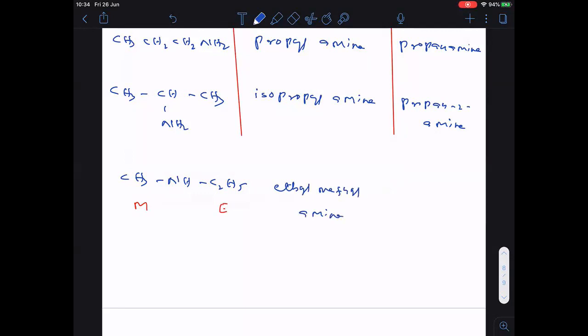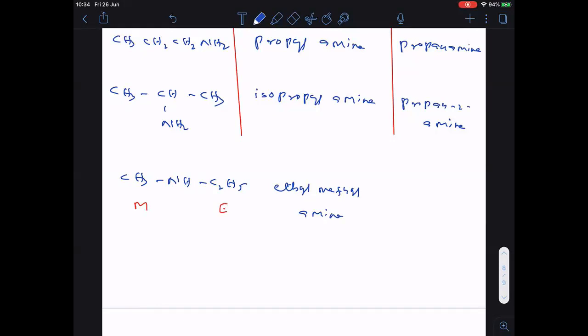According to the IUPAC system, the alkyl group having more carbons is selected as the principal carbon chain.